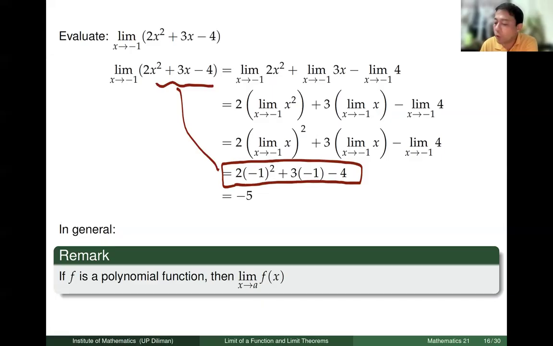Diba? So if you have a polynomial f of x and you get the limit, you just replace the x by a, evaluate it, and that will be the limit of your polynomial as your x approaches a.